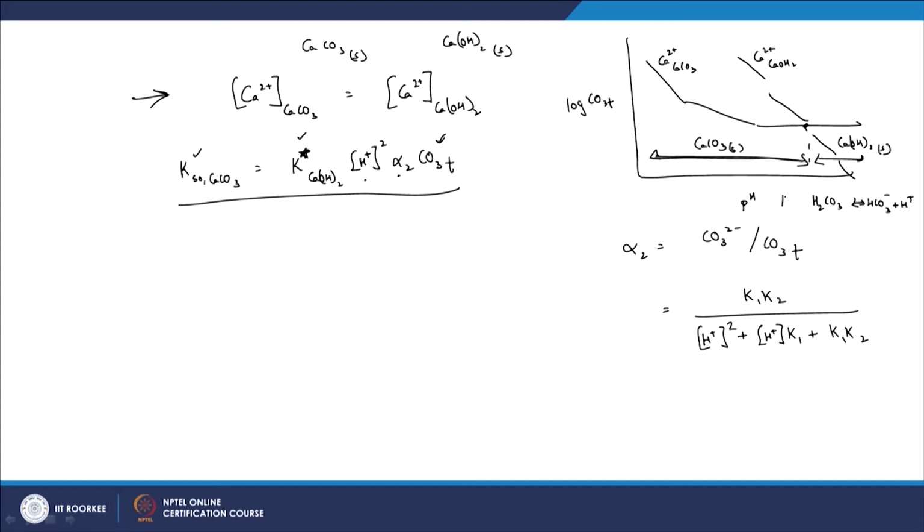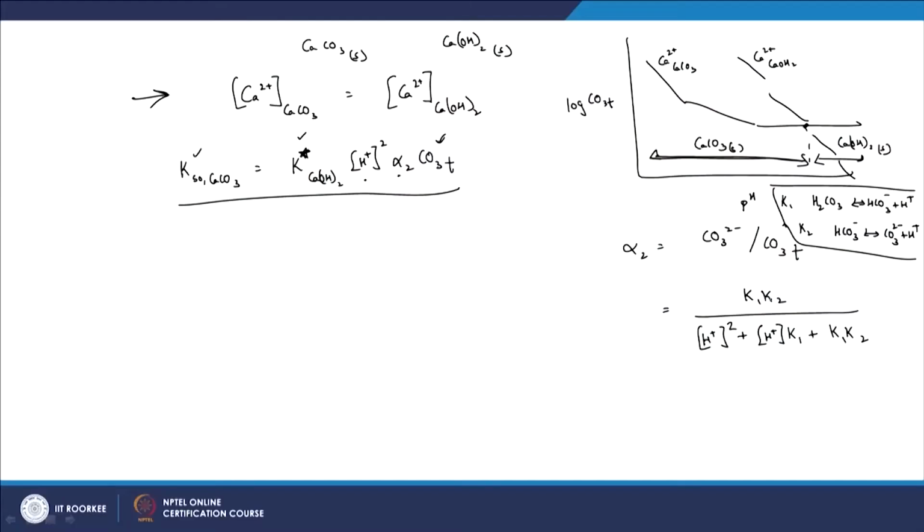K1 is for this equation, and K2 is for the second acid dissociation equation, HCO3- in equilibrium with CO3 2- and H+. We are just trying to refresh our memories. These are aspects that we have covered in great detail in our acid and base process. So we know that alpha 2 is going to be this particular expression.